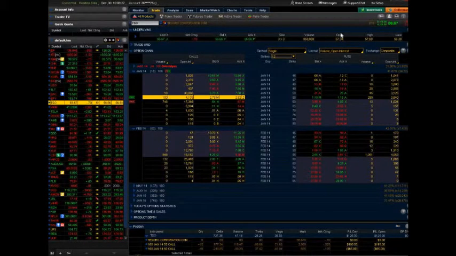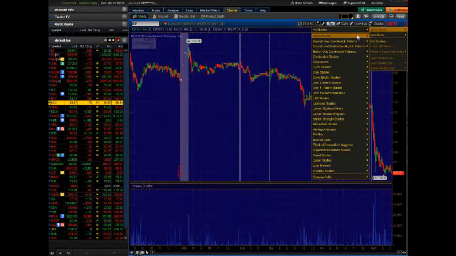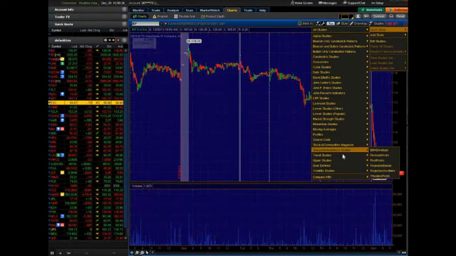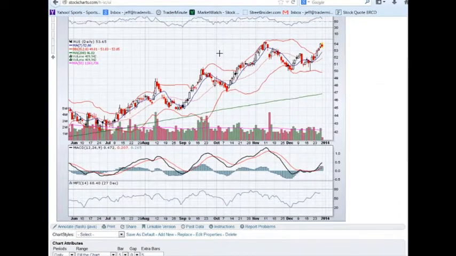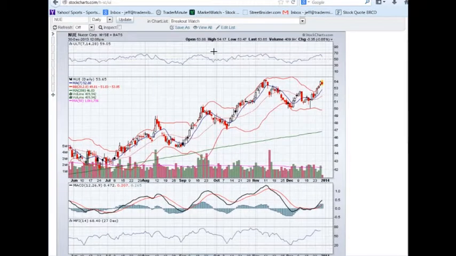In Thinkorswim, we can come up here into their charts and pull out some studies, and there are just tons of ways that we can look at technical analysis and all types of different indicators that we can add. You can even create your own and put it in here. Technical analysis is kind of a new frontier for the markets that's continuing to evolve and continuing to progress.